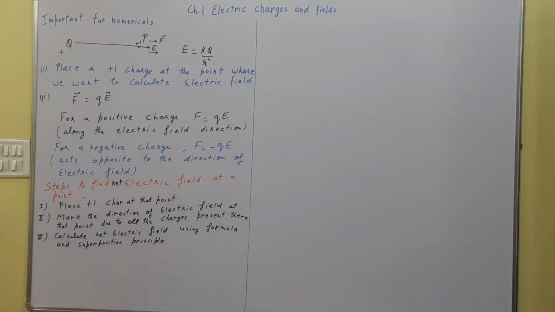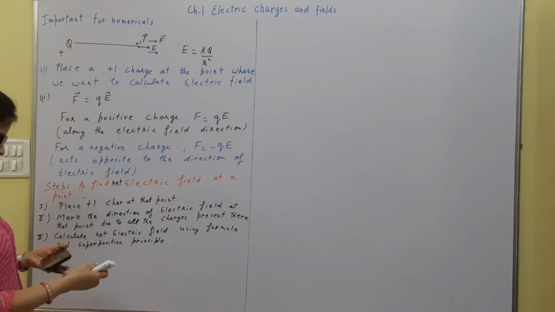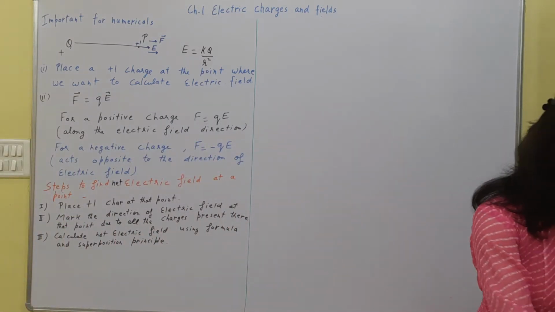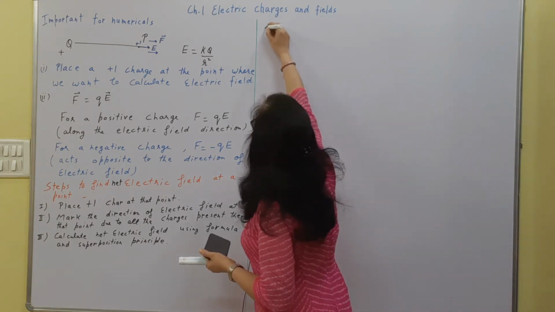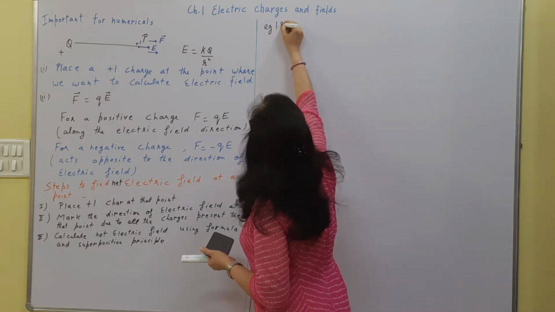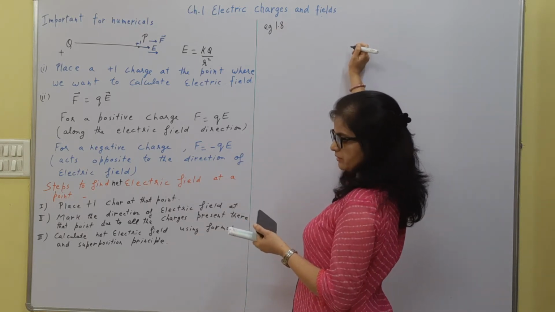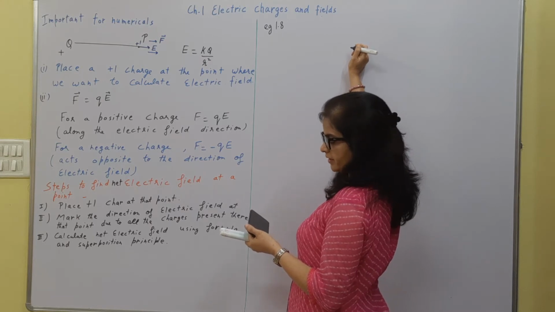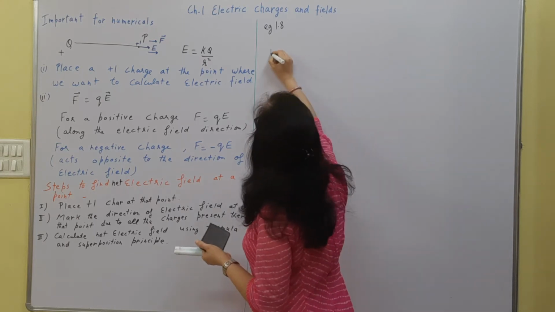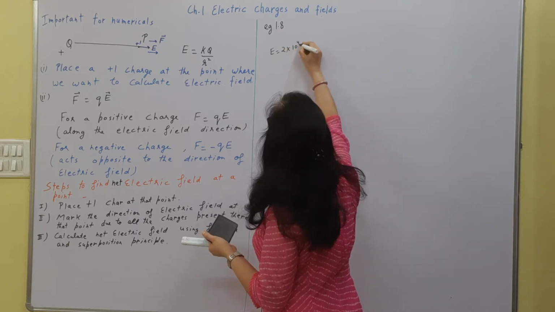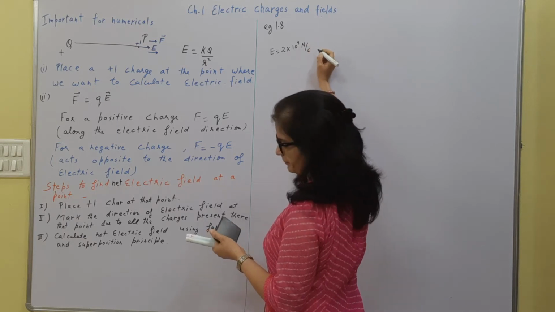So let's take an NCERT question. Let's take example 1.8. An electron falls through a distance of 1.5 centimeter in a uniform electric field of magnitude 2 into 10 to the power 4 Newton per Coulomb.